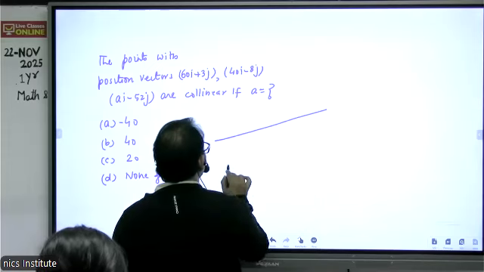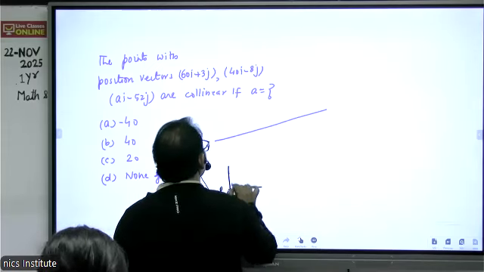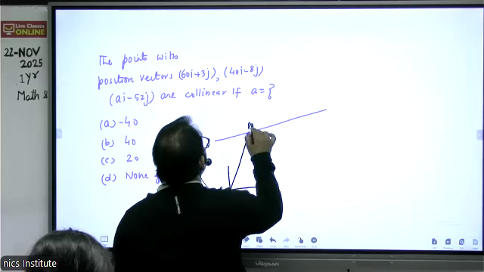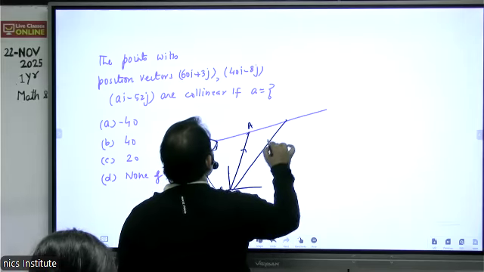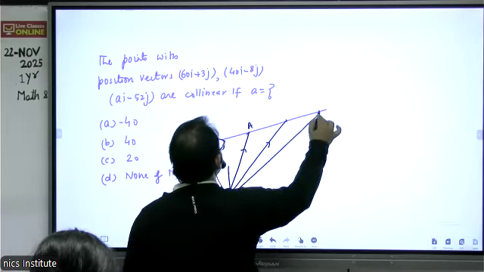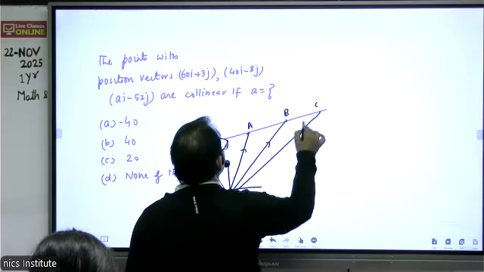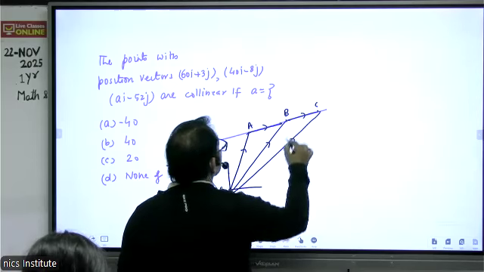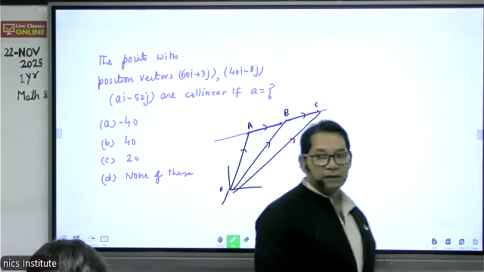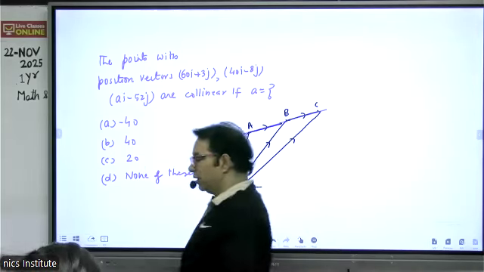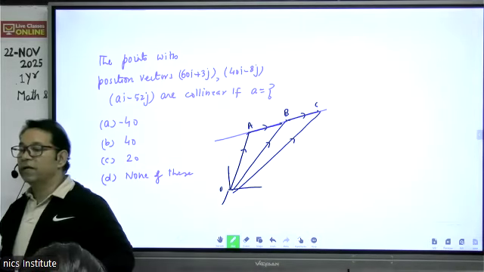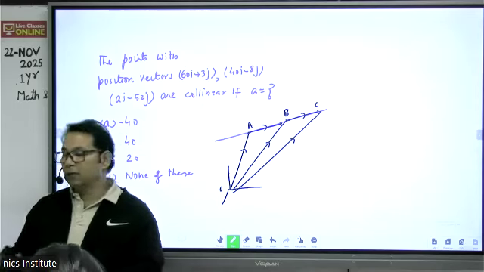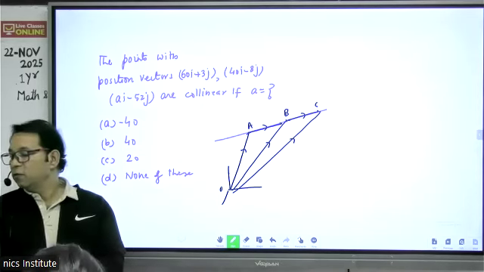That means if this is origin, position vector of point A, position vector of point B, and that of C has been given to you. So what you can do, you can find AB vector, you can find BC vector by subtracting. AB vector and BC vector are collinear, parallel, so their DRs would be the same proportion. You find AB vector, you find BC vector.